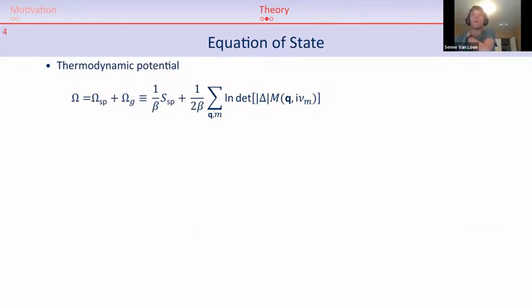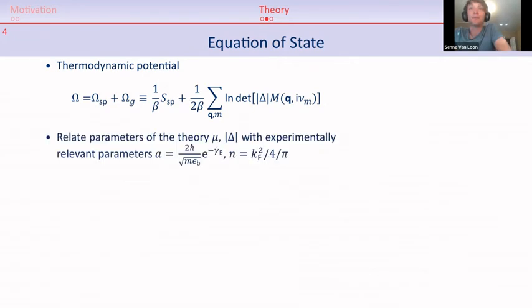Because it's a Gaussian model, you can also integrate out the bosonic degrees of freedom to obtain the thermodynamic potential, and from this you can calculate the equation of state to relate the parameters of the theory, which are the chemical potential mu and the order parameter delta, to experimentally more relevant parameters such as the 2D scattering length a and the density.